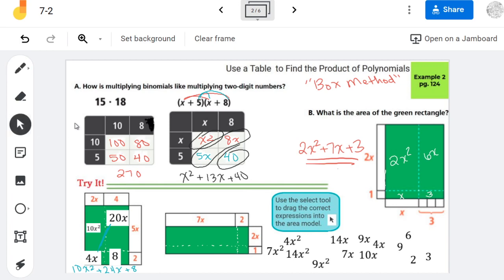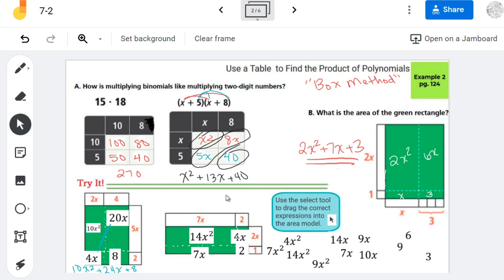All right, so let's go ahead and do this just one last time. So on this one, I'm going to start with multiplying 7x to each of these. So 7x times 2x is 14x squared, and 7x times 1 is 7x. And now I'm going to multiply the 2 times each of these. So 2 times 2x is 4x, and 2 times 1 is 2.